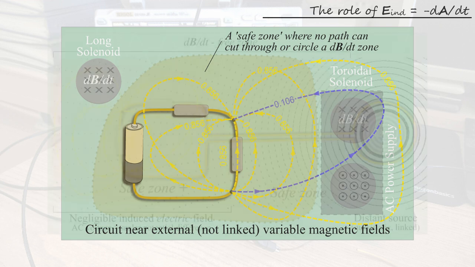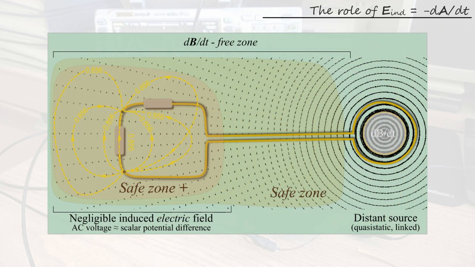What is interesting is that we can find a region of space where the electric field is conservative even when changing magnetic fields are linked by paths of the circuit. These paths end up being what in the lumped circuit model we would call lumped components.